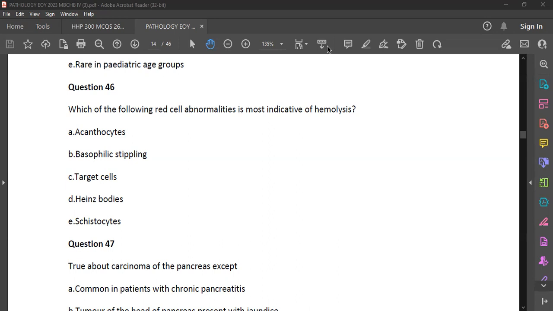And we say that what happens there is that there'll be mechanical hemolysis taking place. And we said that there'll be formation of these fragments. I mentioned something like helmet cells or different other shapes of cells, which are then referred to as schistocytes. So the most correct answer here, when you're talking about hemolysis, will be schistocytes.